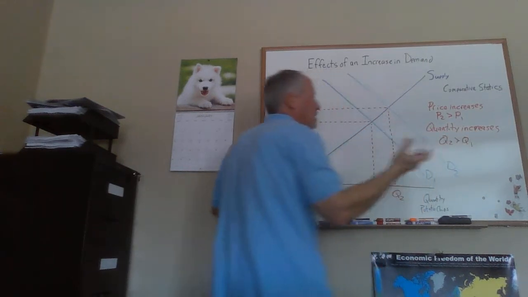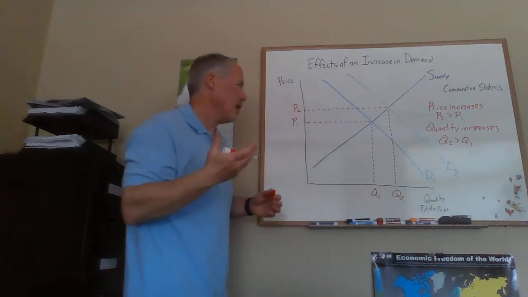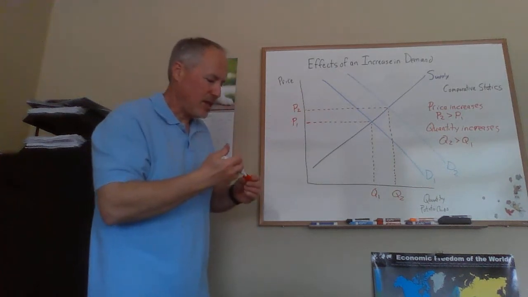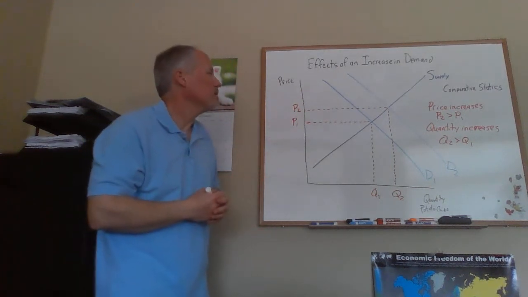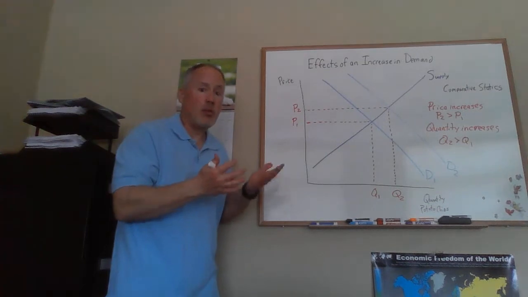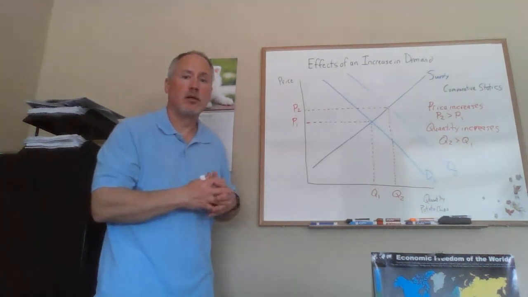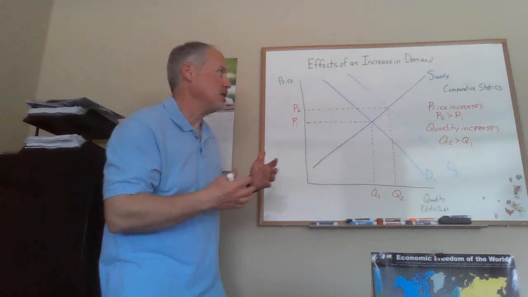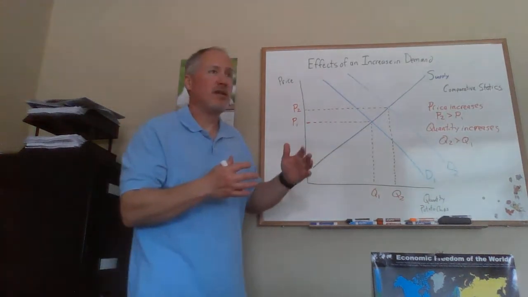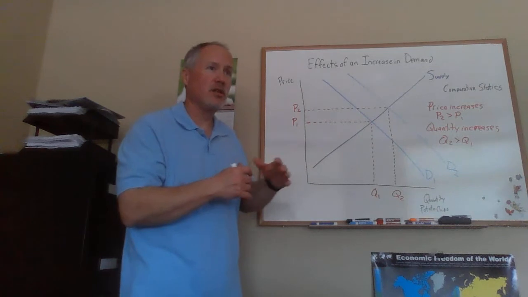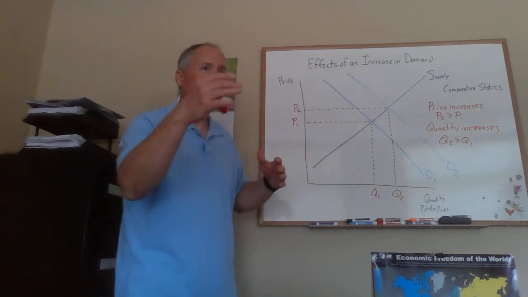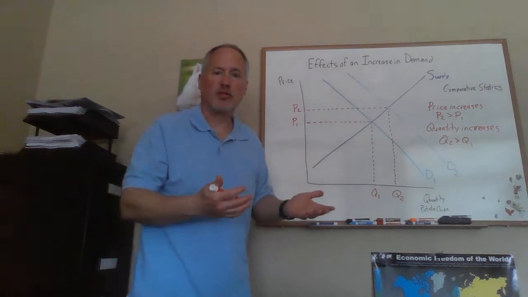So we can see that in the equilibrium with the increase in demand, the price will have increased and the quantity will have increased. Now, that would also be a testable prediction of this model of supply and demand. If there is something that's going to lead to an increase in demand, we should expect to see, everything else held equal in the market, that the price would be higher and that the quantity would be larger.